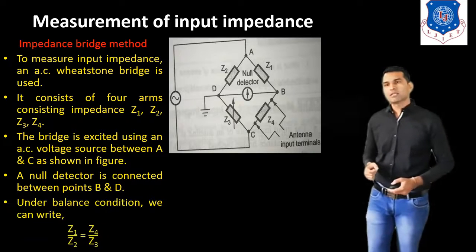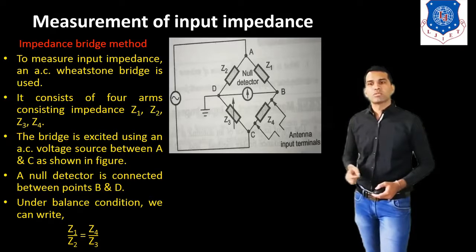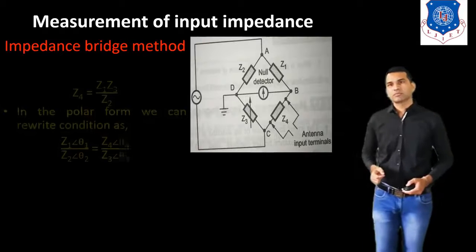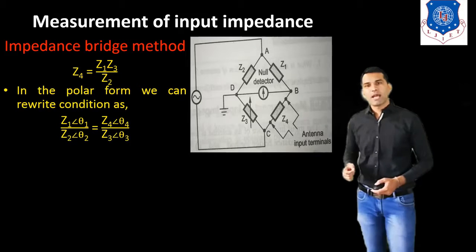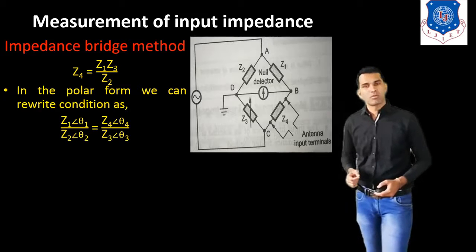Under the balance condition, we can write Z1 upon Z2 equals Z4 upon Z3. So we can write Z4 equals Z1 into Z3 upon Z2.